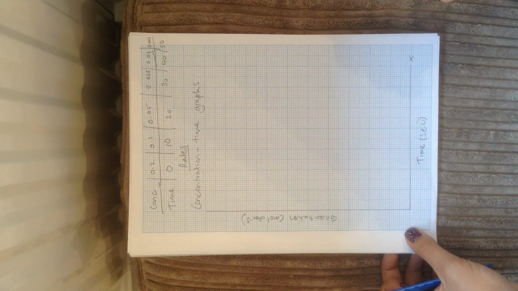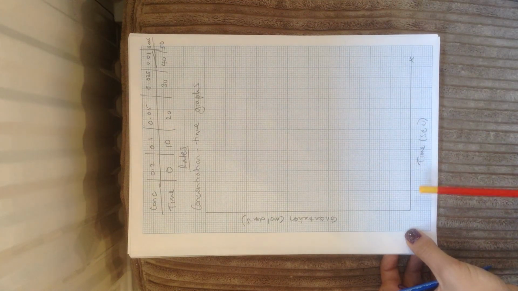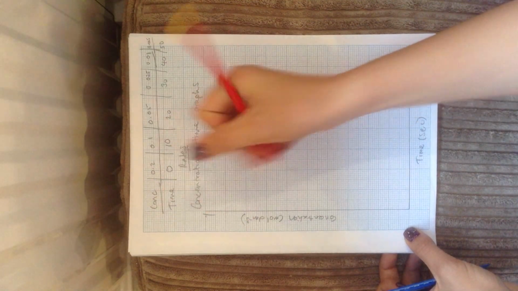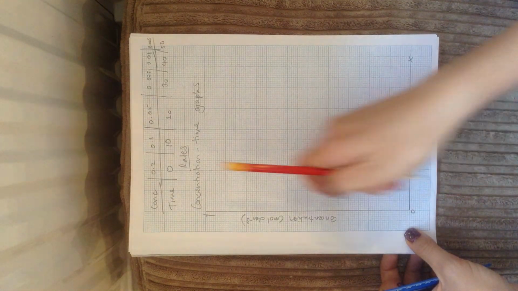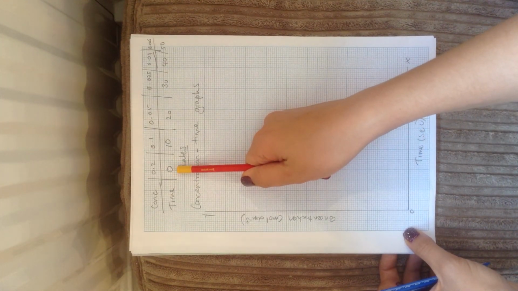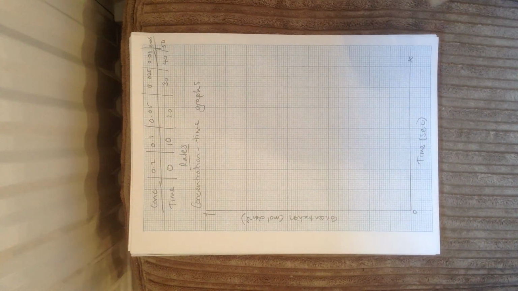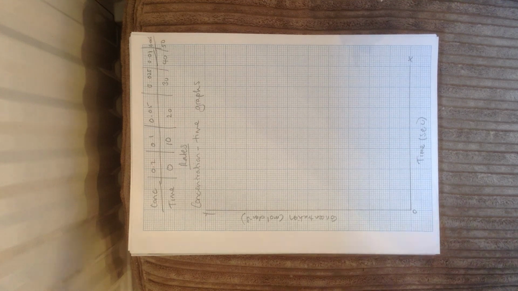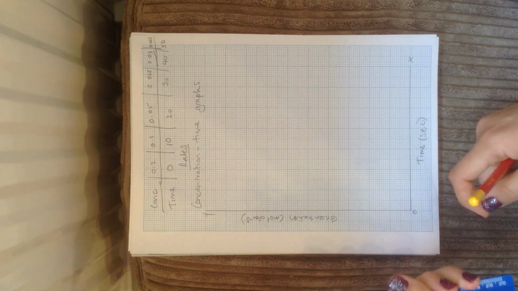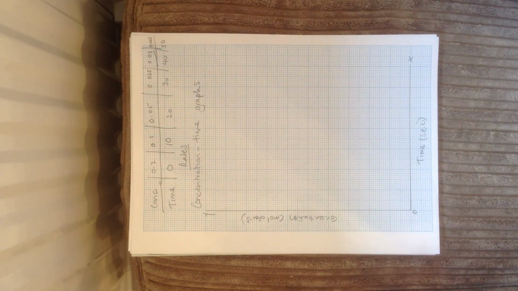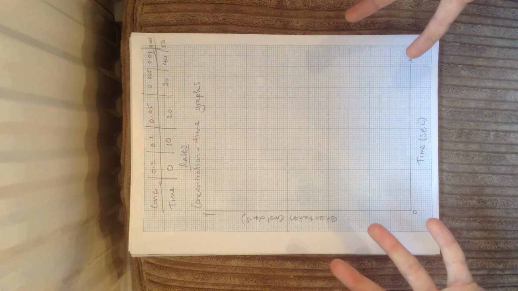So the next thing you need to do is plot your graph. But before you can do that, you need to give your axes a value set. So obviously 0 is going to be there. We have 0 as the lowest point for time, and our highest is 50. Don't make it complicated by using the smallest squares that you can. If you've got a full piece of graph paper, make sure that you give a value the biggest area you can.